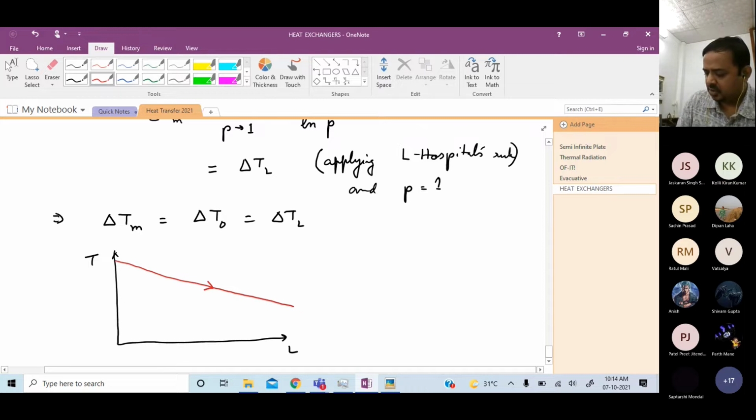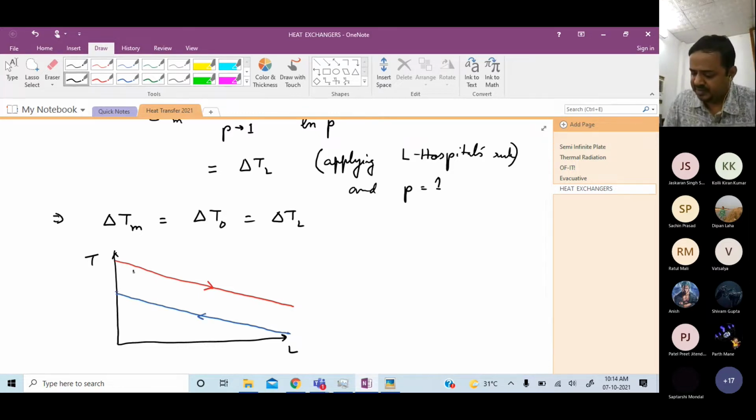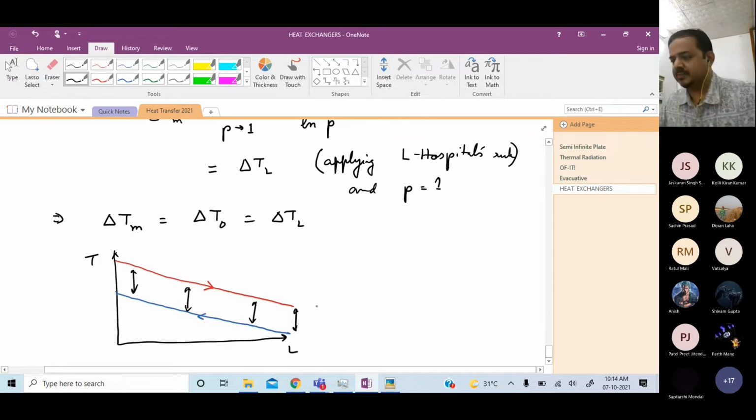If this is my hot temperature, and this is my cold temperature, the difference at any point, this delta T, this delta T, this delta T, they will remain the same.